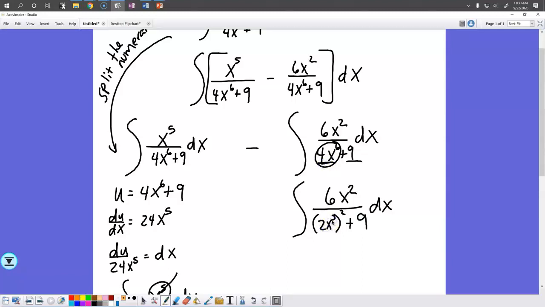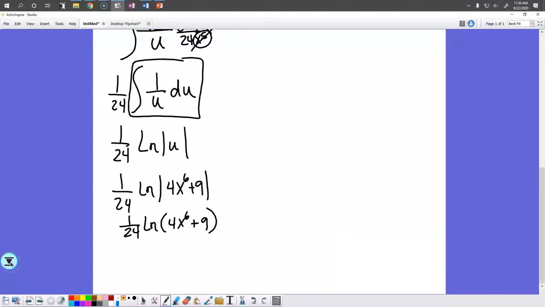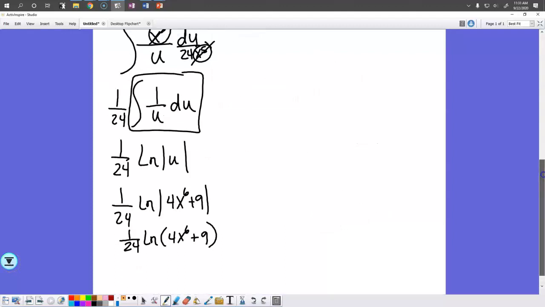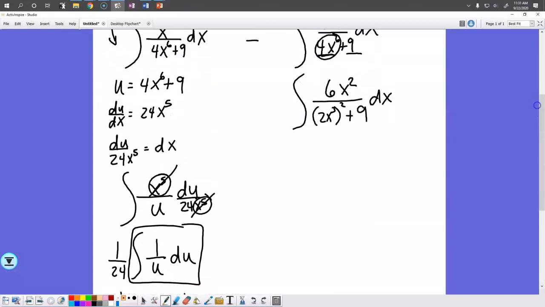Okay? And whenever we do that kind of a strategy to make it fit the arc-trig pattern, we are going to do u substitution, where u is equal to the part that's in the parentheses.